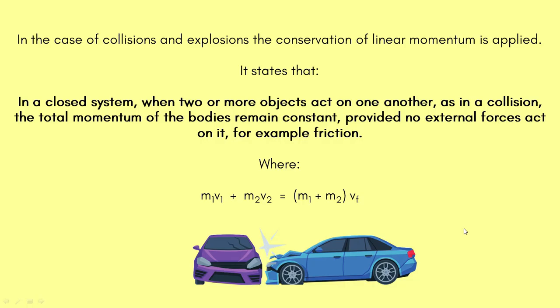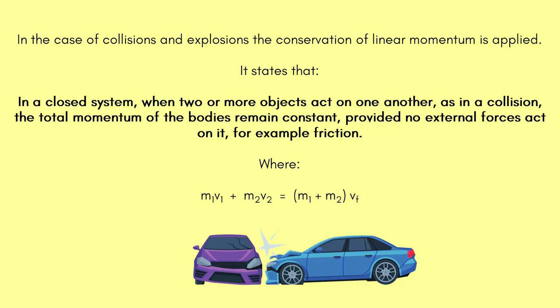In the case of collisions and explosions, the conservation of linear momentum is applied. It states that in a closed system, when two or more objects act on one another, as in a collision, the total momentum of the bodies remains constant, provided no external forces act on it, for example friction, where m1v1 plus m2v2 is equal to the sum of m1 and m2 times the final velocity of both objects.